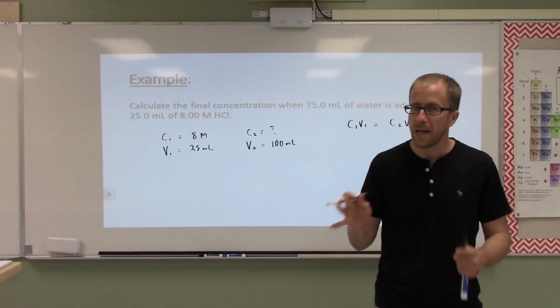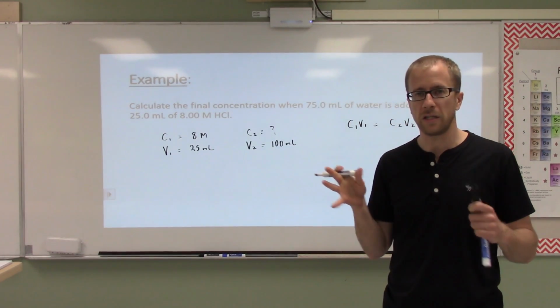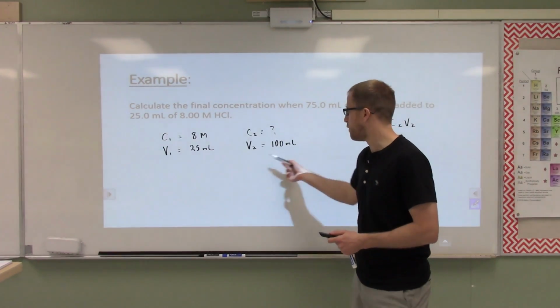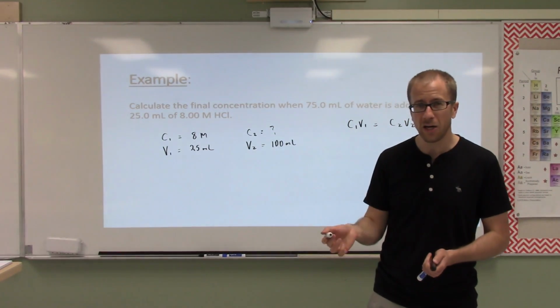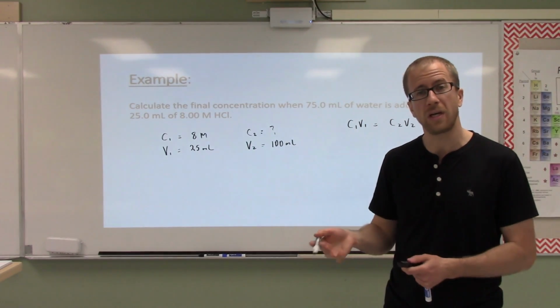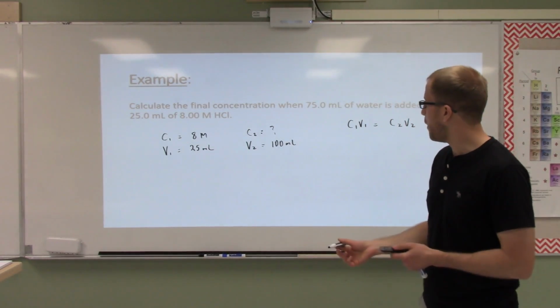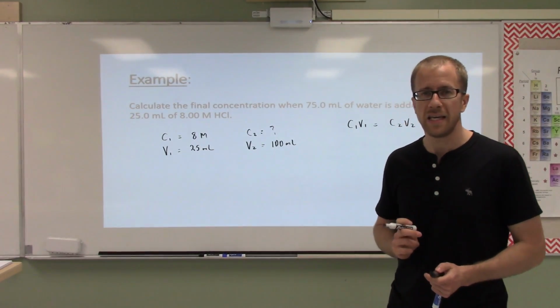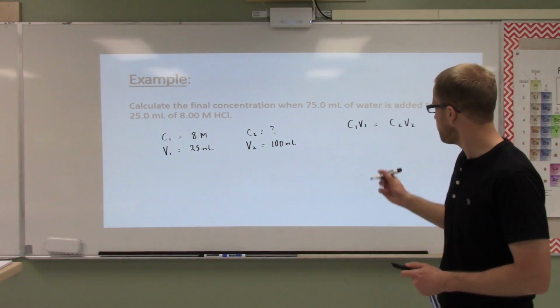I would recommend you always convert to liters. Just get in the habit of doing that. But as long as your units of volume are the same here, it doesn't actually matter. It doesn't need to be converted. You will get the same answer. But again, if that sounds confusing to you, always convert to liters. It is the safe bet.